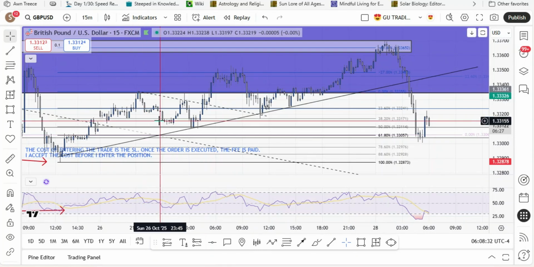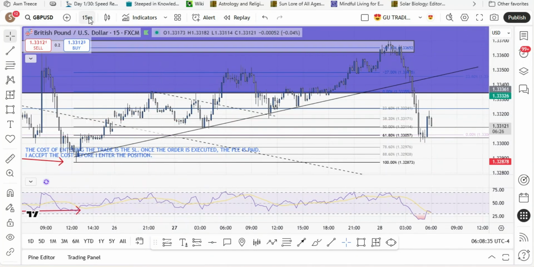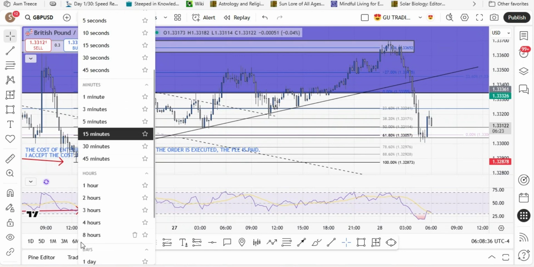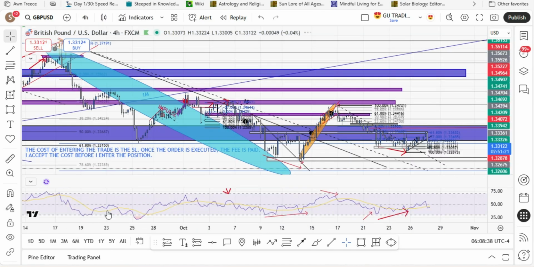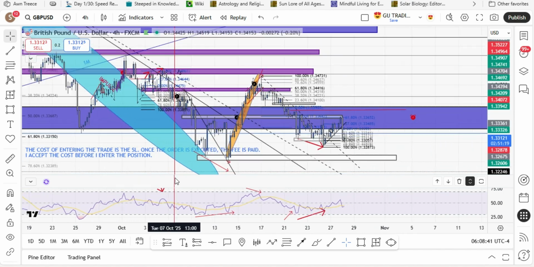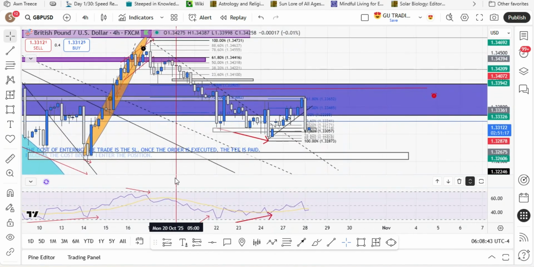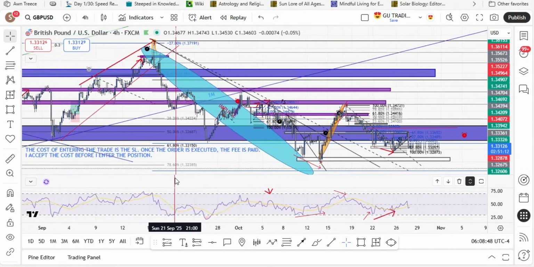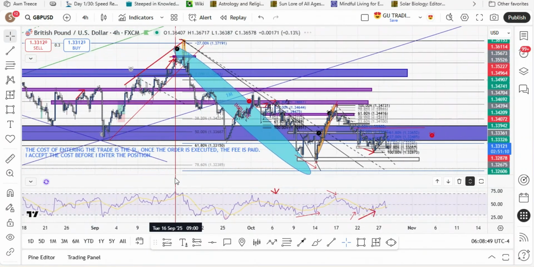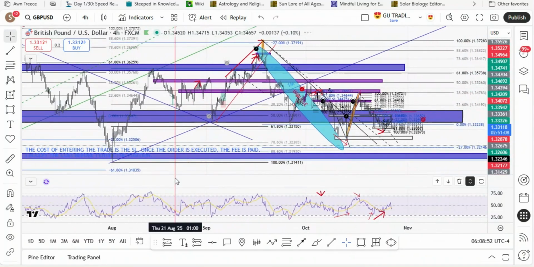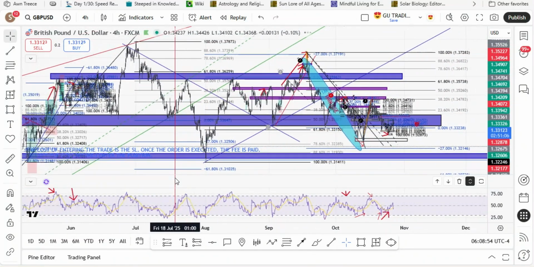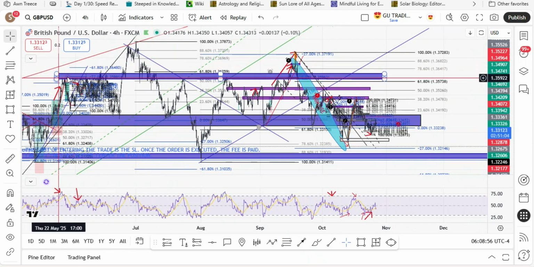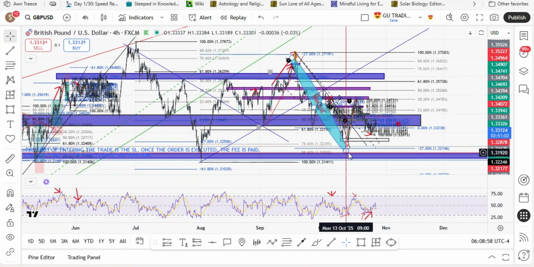Okay, so the analysis for today, let's start with the 4 hour. Let's see. 4 hours is still pretty much in that range here through here.